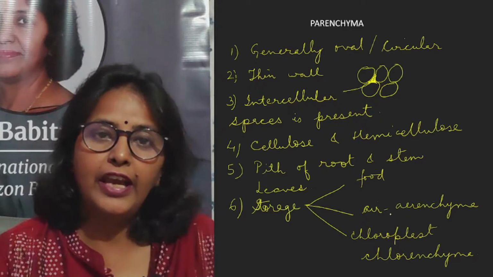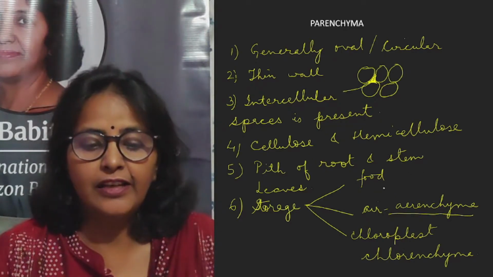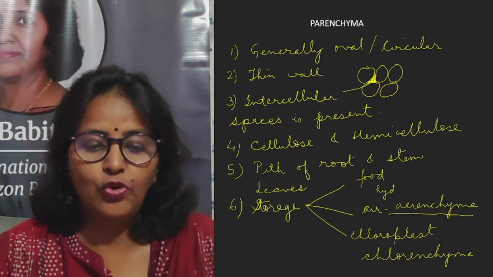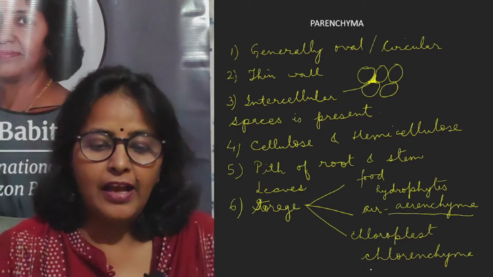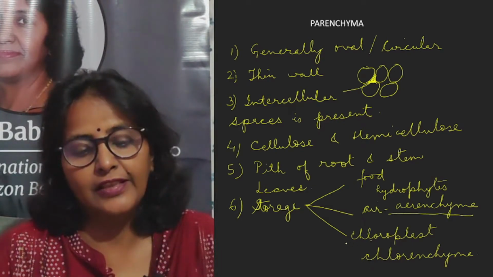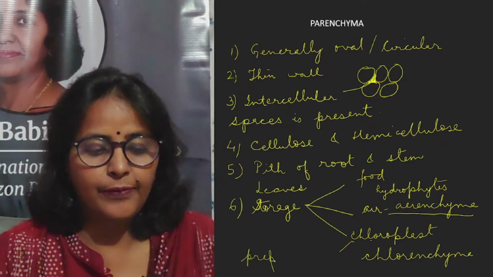If it is storing air, it becomes very light and it helps the hydrophytes to float on the surface of water. And if it is storing chloroplast, it helps in preparation of food.